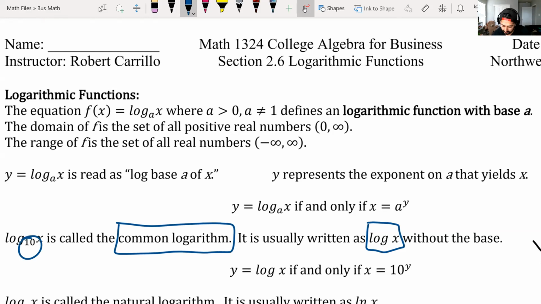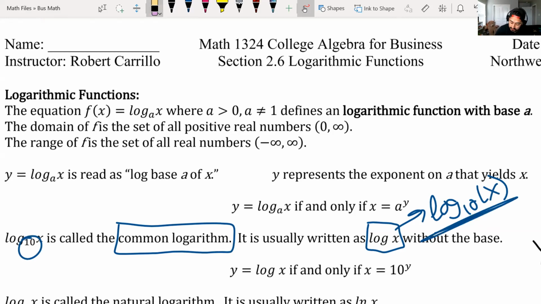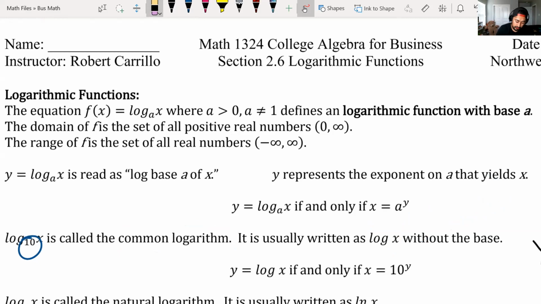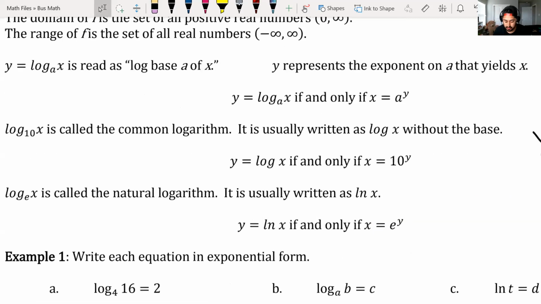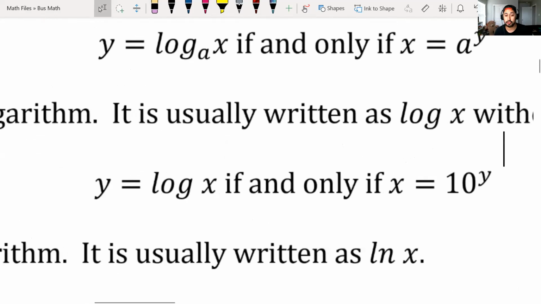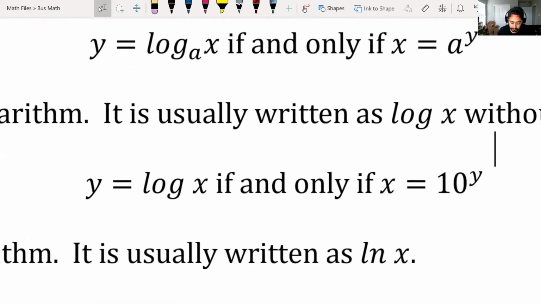So log of x is the same as log base 10 of x. But since 10 is the common base for the common log, we don't have to write it like this. We only have to write it as the log of x. That's it. Now, you would write that base in to convert from log to exponential, which you see right here.